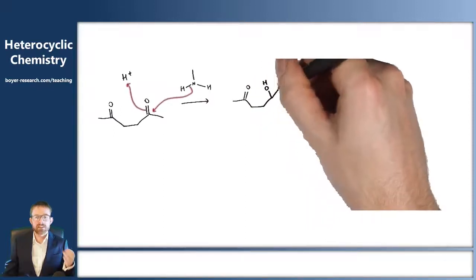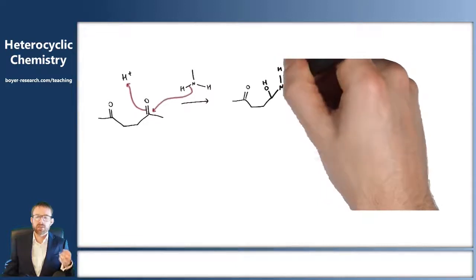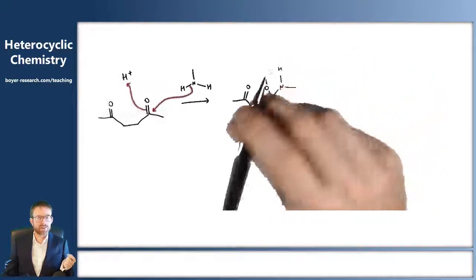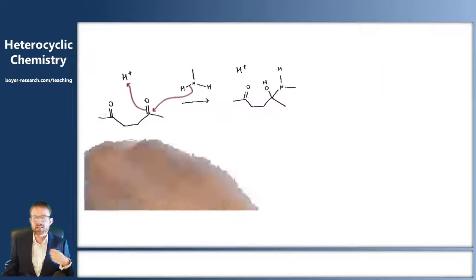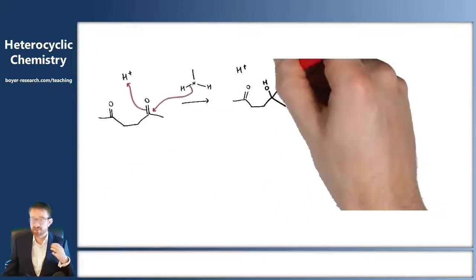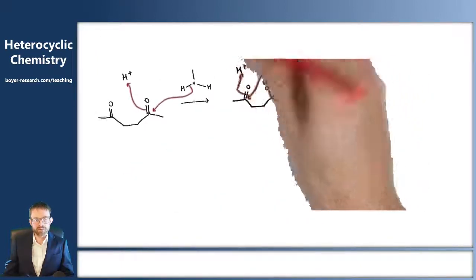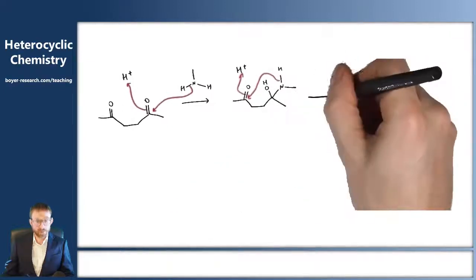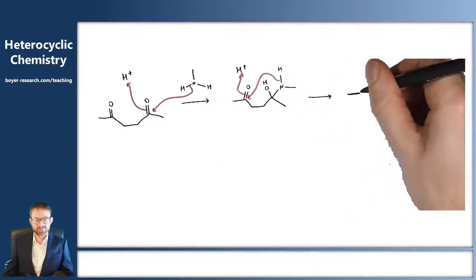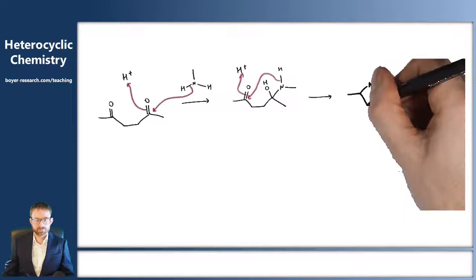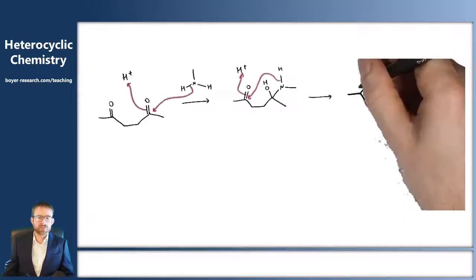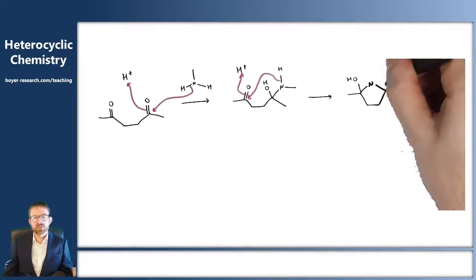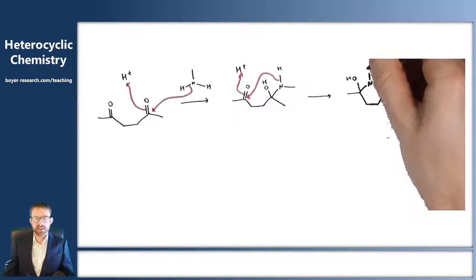But then our amine is still reactive, and we still have acid, and we still have a second carbonyl, so we can get the second attack to make our 5-membered ring, which is a very fast ring size to form. And that gives us our 5-membered ring, and this double hemiaminal style intermediate.